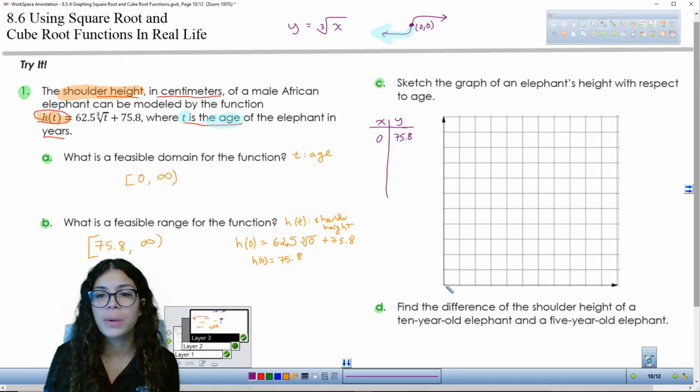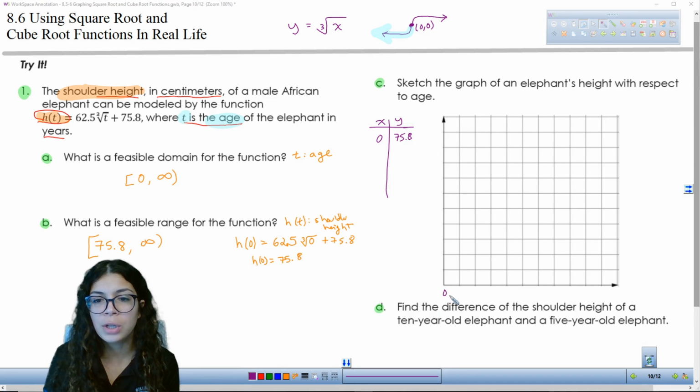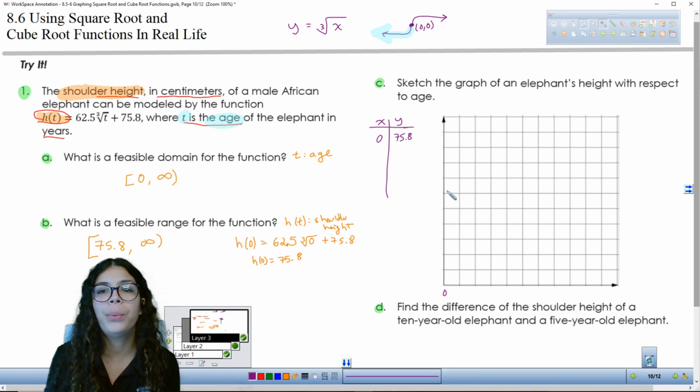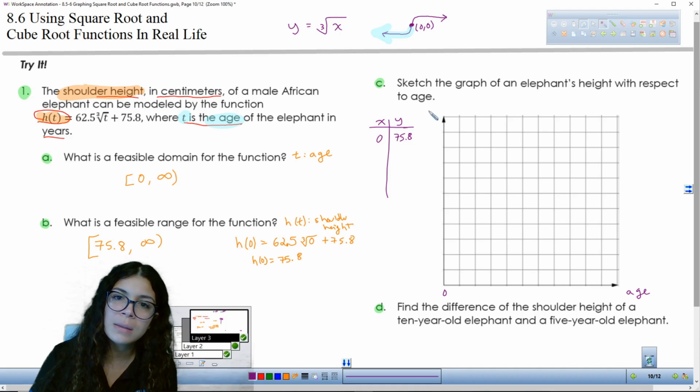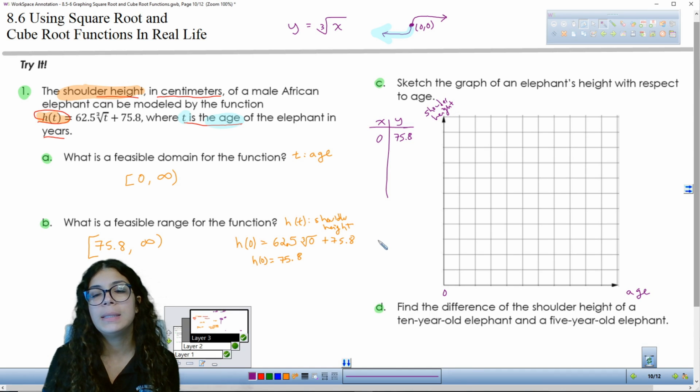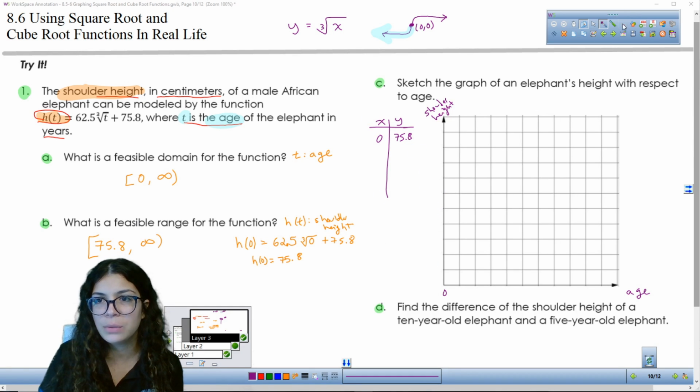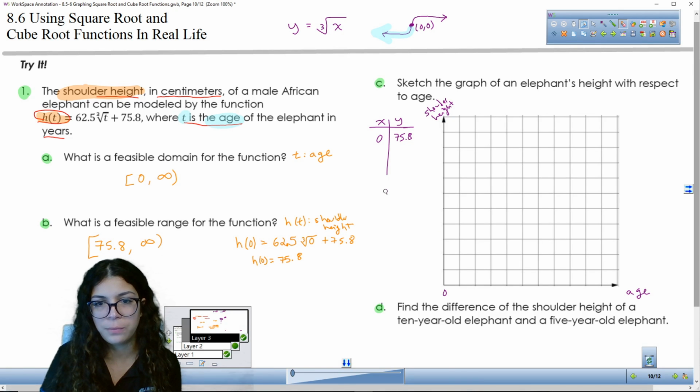So the first point, when you are just born, your shoulder height is 75.8. Now I have to label this, so I'm going to label the x-axis age and the y-axis shoulder height. And now I have to figure out what I want to go up by. Actually, I'll find some values and figure out what to go up by later.